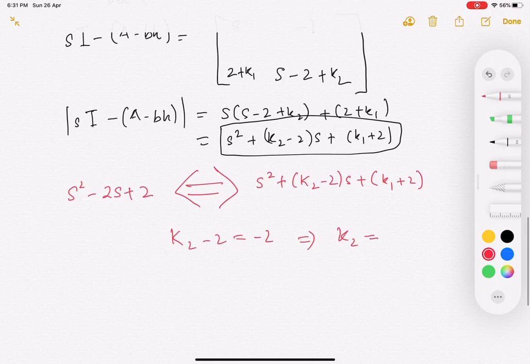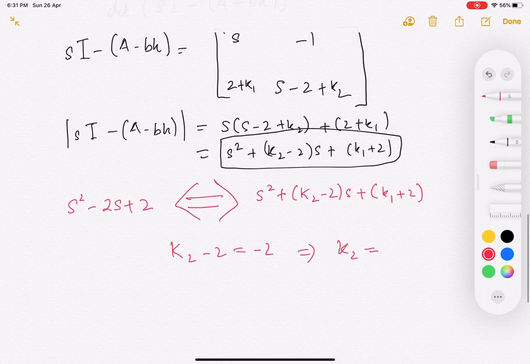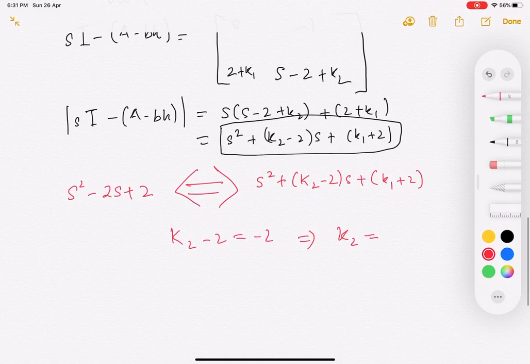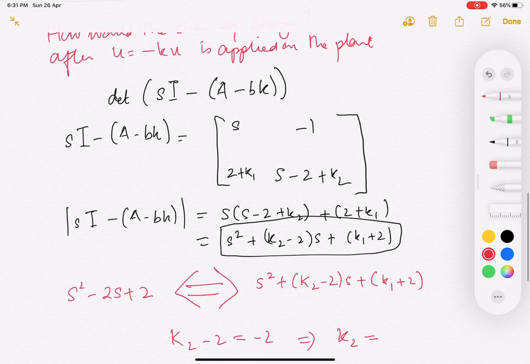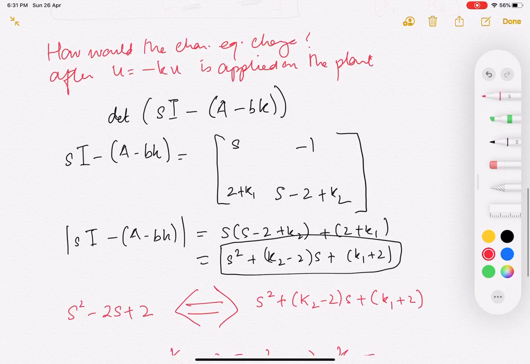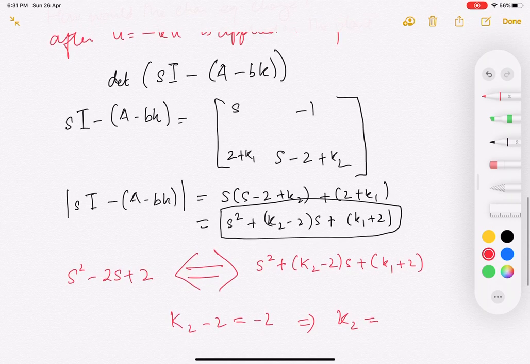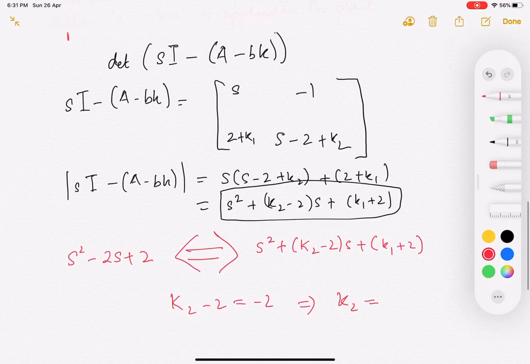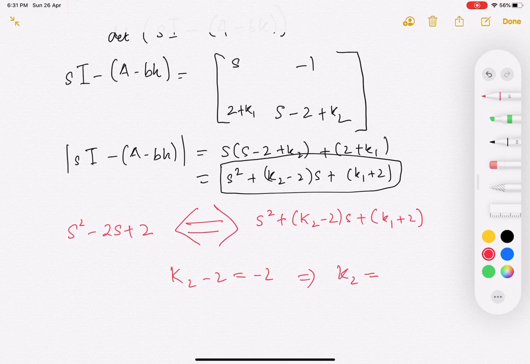So is there something wrong in this? s square plus (k2 minus 2) s plus (k1 plus 2). Okay, sorry, you don't have to compare it with the original characteristic equation. You have to compare it with the desired characteristic equation.